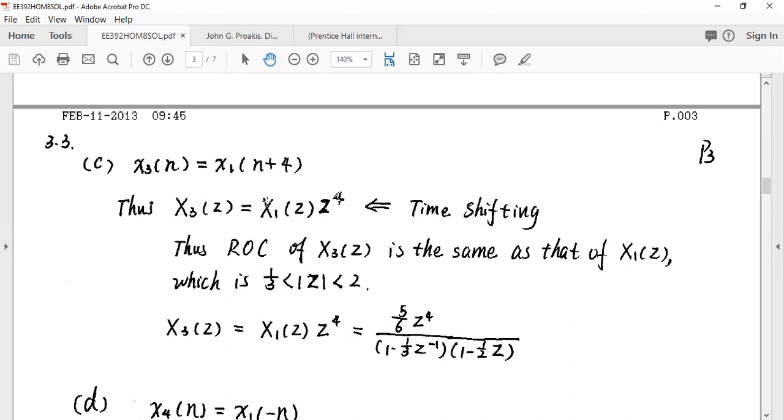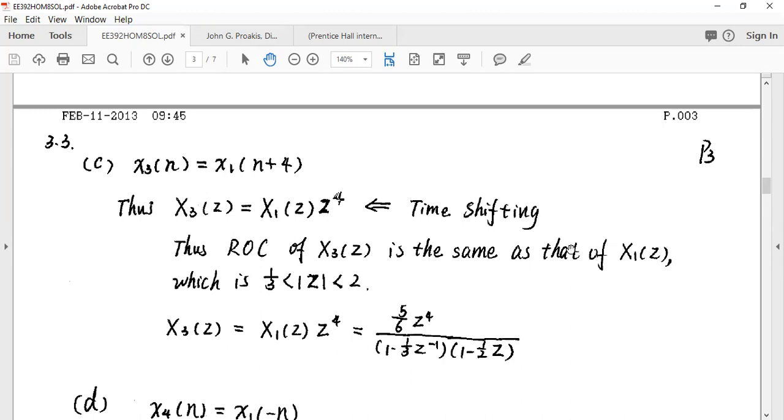In this particular case, the region of convergence will be governed by x1 of z. Whatever region of convergence we get for x1 of z will be the region of convergence for x3 of z, because this z to the power of 4 will not have any influence on the region of convergence of the overall term.